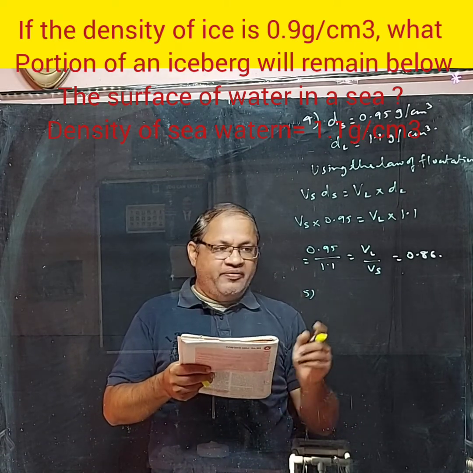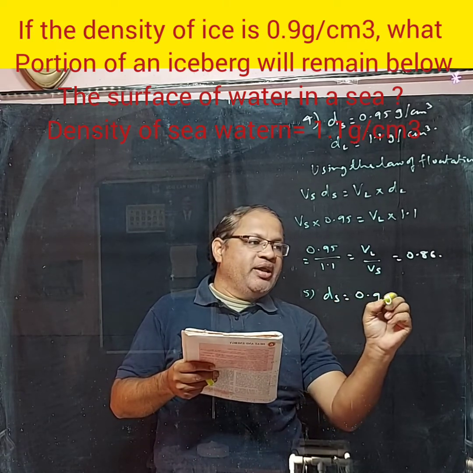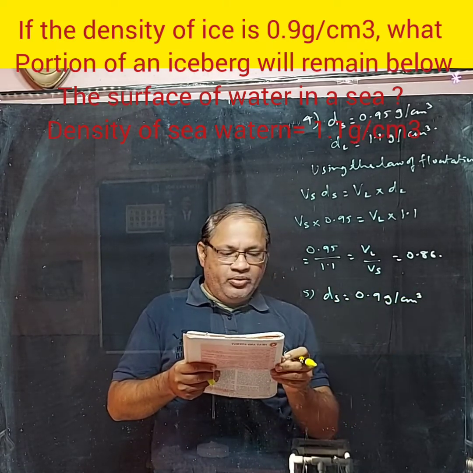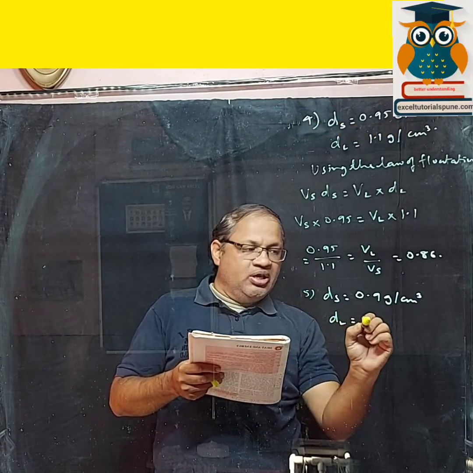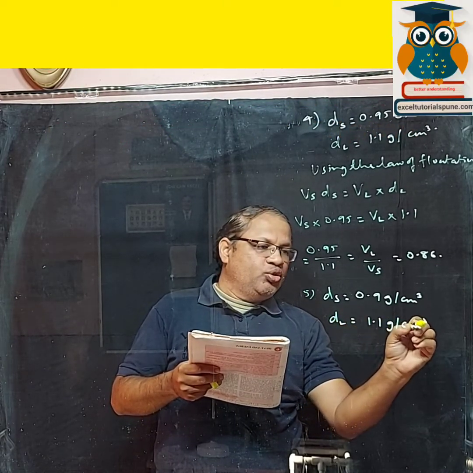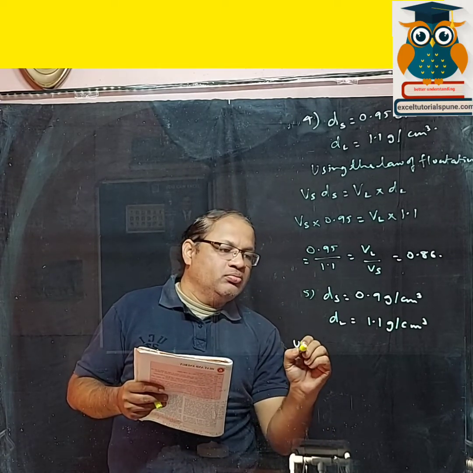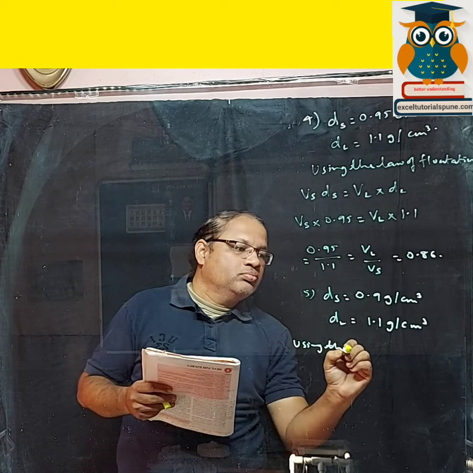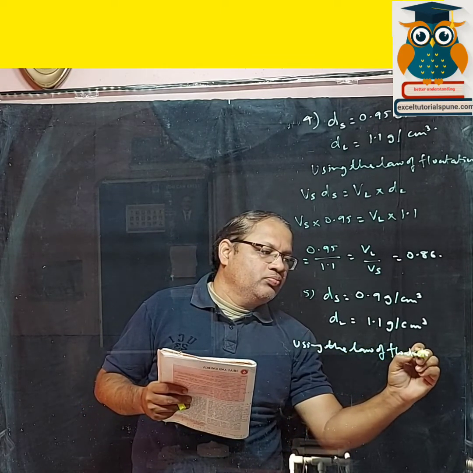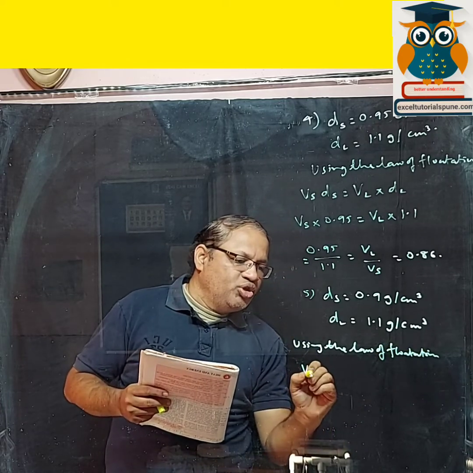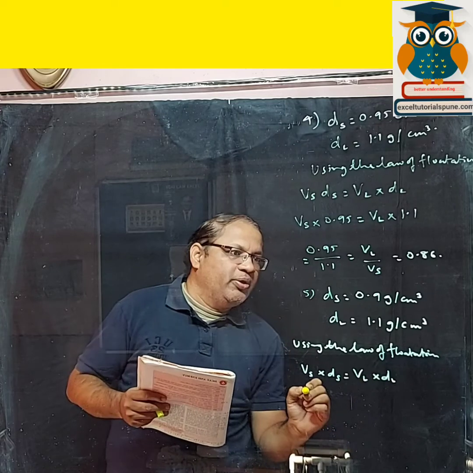Okay, so we'll write down the particulars first. So if the density of ice, so density of solid, is 0.9 gram per centimeter cube, and then density of liquid is 1.1 gram per centimeter cube. So using the law of flotation, volume of solid into density of solid is equal to volume of liquid into density of liquid.